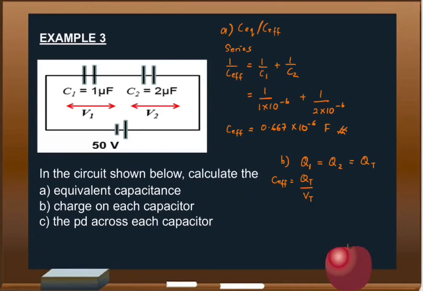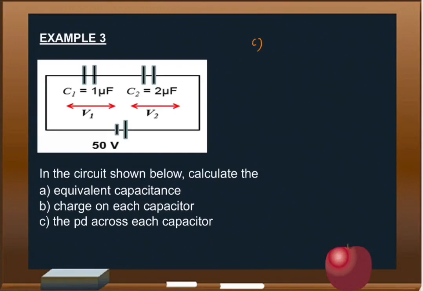Then C effective, which is 0.667 times 10 to the power of negative 6, equals QT over VT. VT is given in the question, which is 50 volts, and then you can find QT. You will get the total charge equal to 3.33 times 10 to the power of negative 5 coulomb. And this is also the same value for Q1 and also Q2.